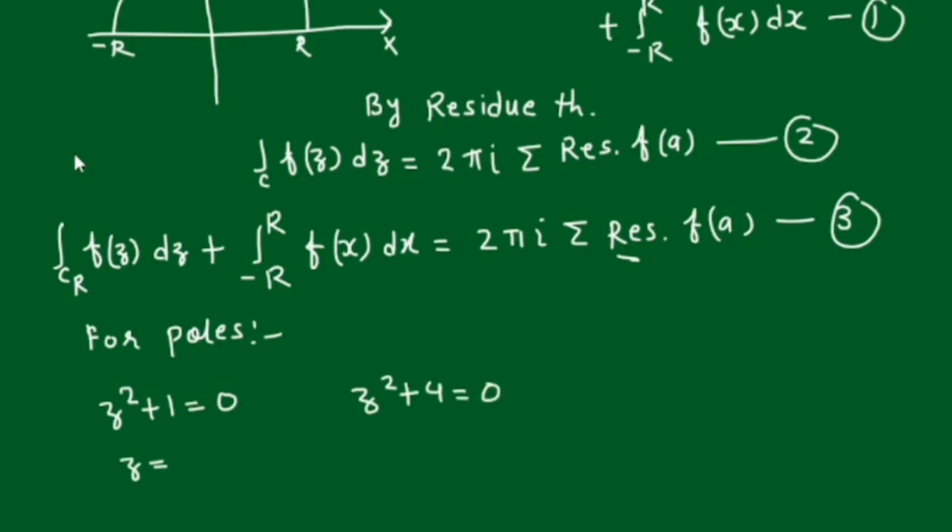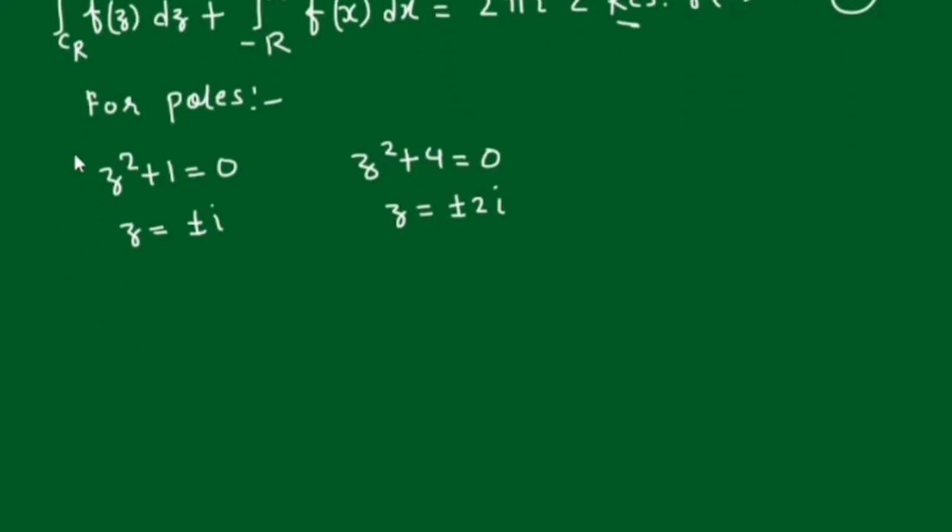Here we get z equal to plus or minus i, and here we get z equal to plus or minus 2i. So we are getting simple poles for the given function at z equal to i, minus i, 2i and minus 2i. Now the coordinates for i will be (0, 1). How?